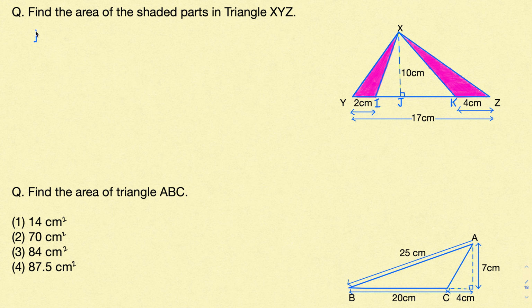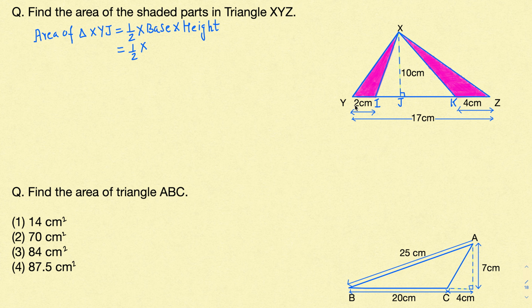Okay, so the area of triangle XYI is equal to what? Half times base times height. So it's always a good practice to write the formula. Some of the students, they just write straight away half times whatever is the base and the height.